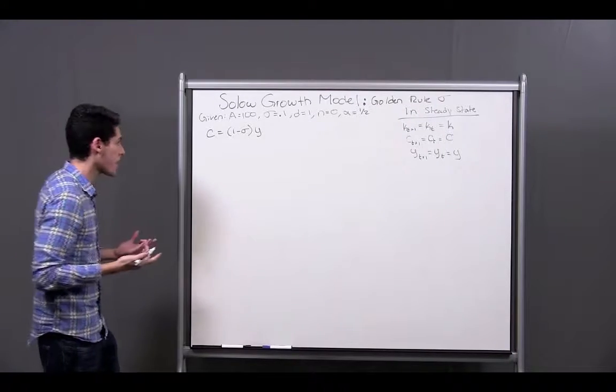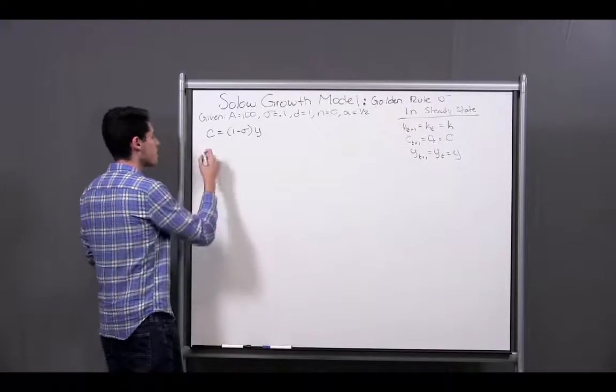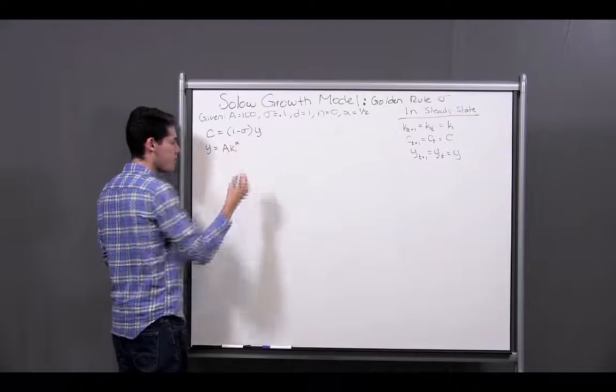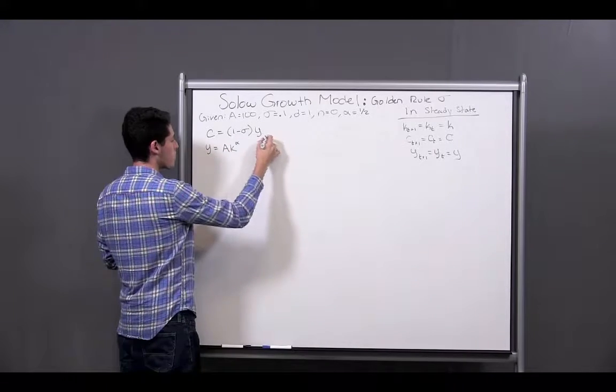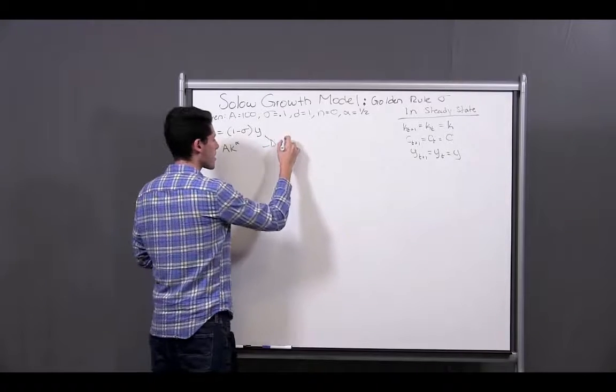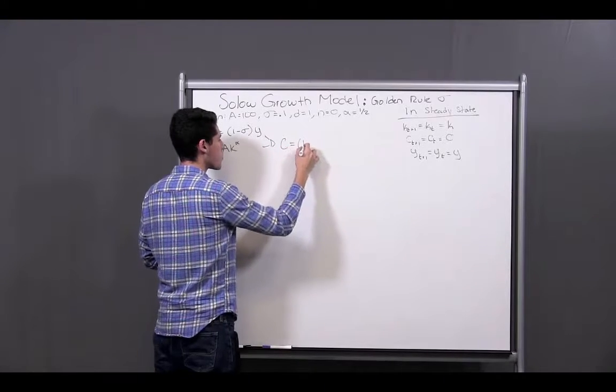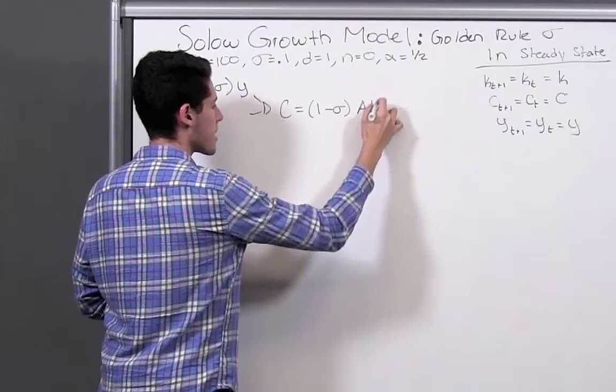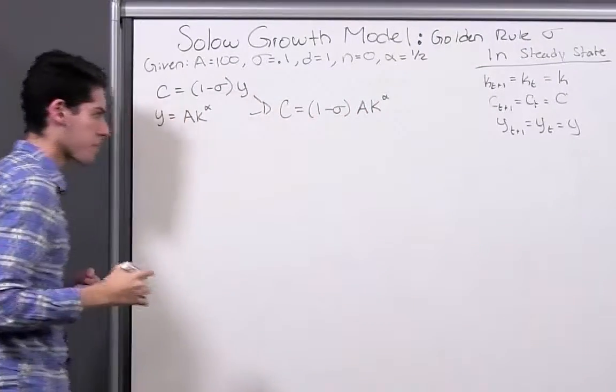We have to modify it a little. Also remember that output is A times K to the alpha. So, rewriting these together, consumption is equal to 1 minus sigma times A K to the alpha.